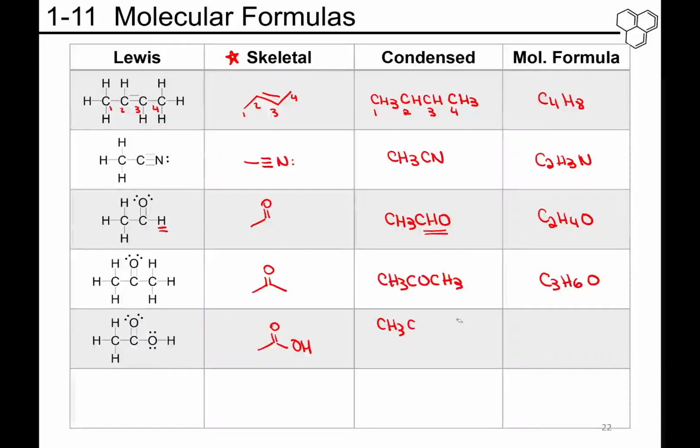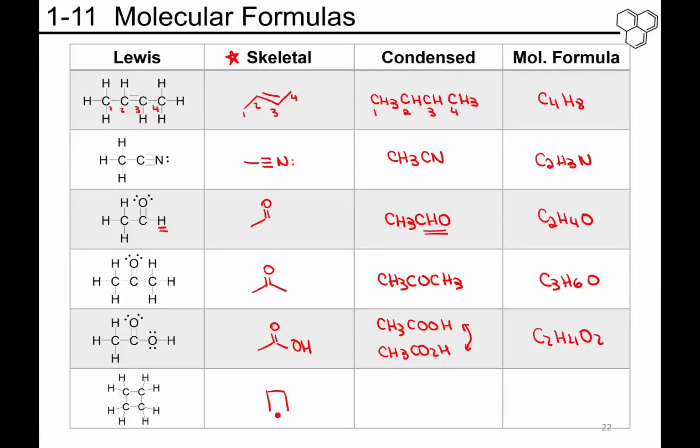The first one would be by drawing each oxygen by itself, whereas the second one would group the 2 oxygens with a subscript 2 to indicate that there are 2 oxygens in this structure. So either one of these condensed forms are going to be correct, and you will see both throughout the semester. The molecular formula for this structure is going to be C2H4O2.